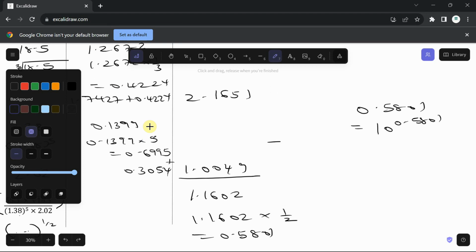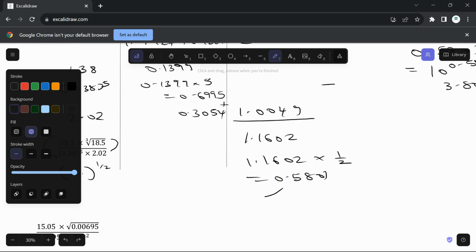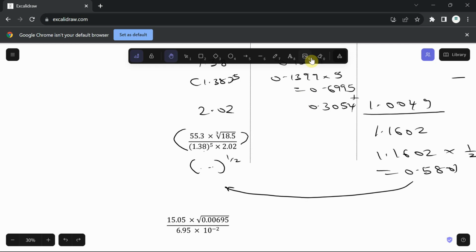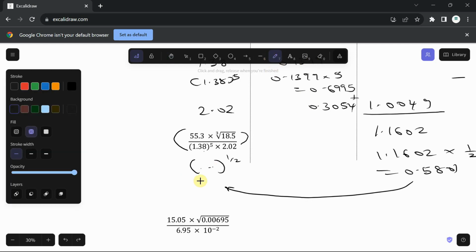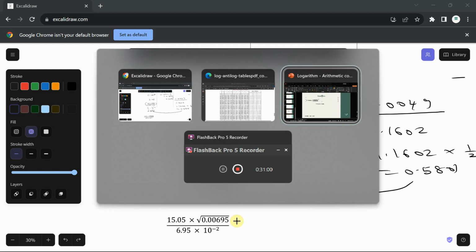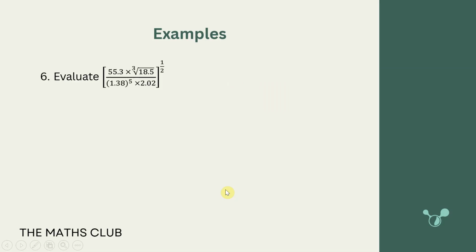So this is 3.803. If I carry over to this place, what will be here is 3.803. Let's see if our answer is correct. 3.803. Wow. So that's it.